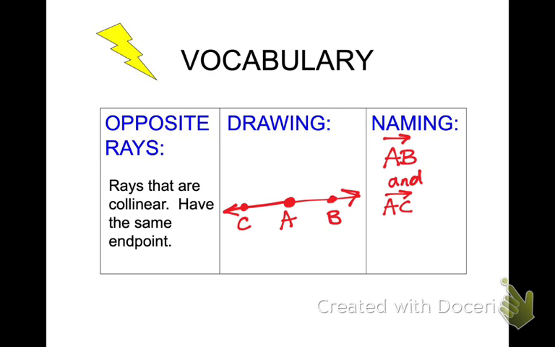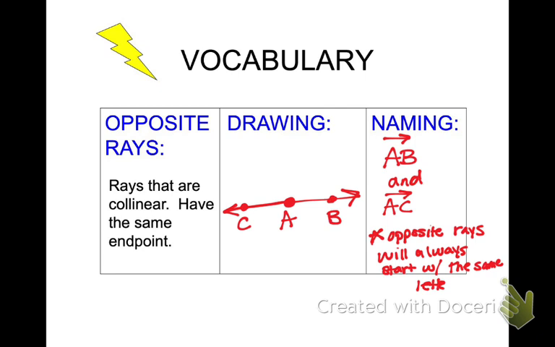Remember, opposite rays will always start with the same letter because they need to have the same endpoint. So ray AB goes this way, ray AC goes that way.